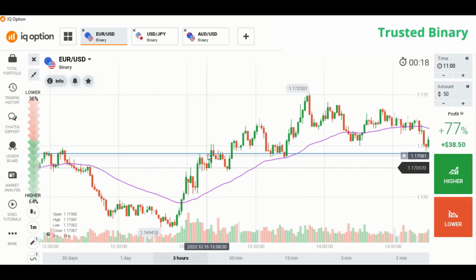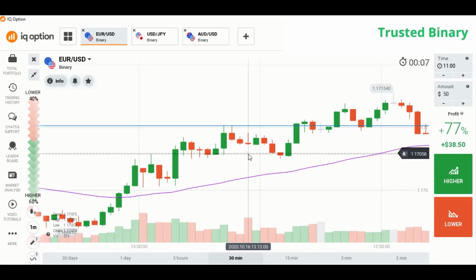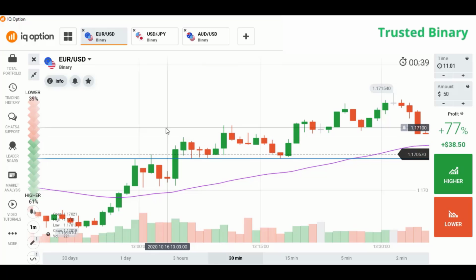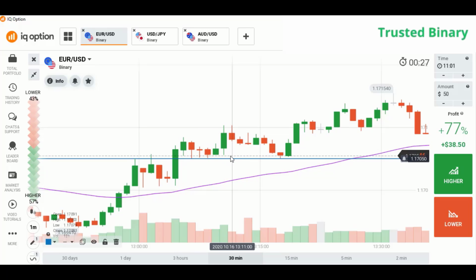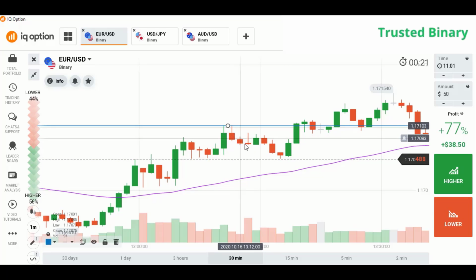We have to observe from where the rejection comes. If we observe, this is a round number. The number is 117100. This is a round number, and the wick size is the same. What happened? The next candlestick goes down.